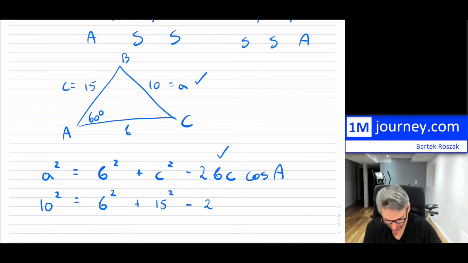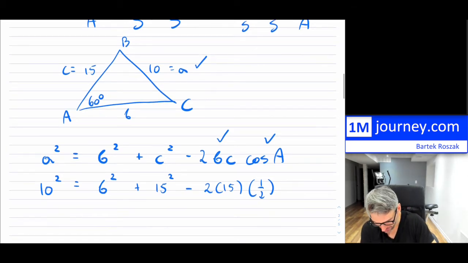We know c, so c is 15, and then we know cos of A, so it's cos of 60. If you may remember, cos of 60 is a half, 1 over 2. So this is just going to be a half.